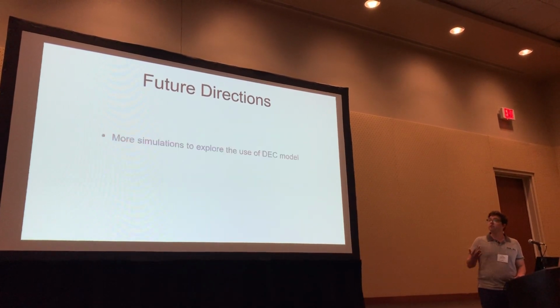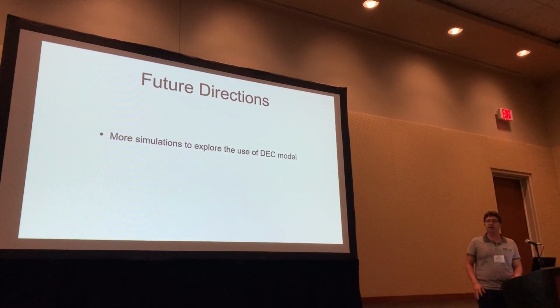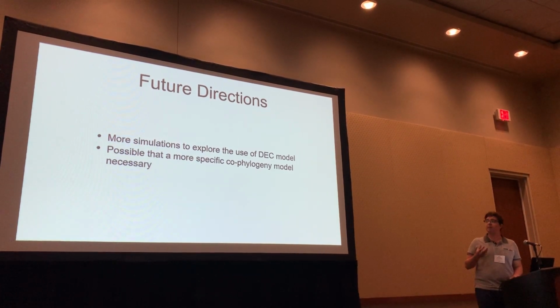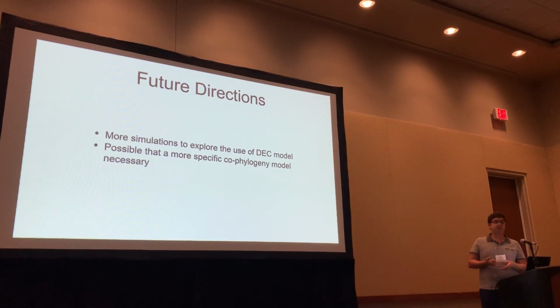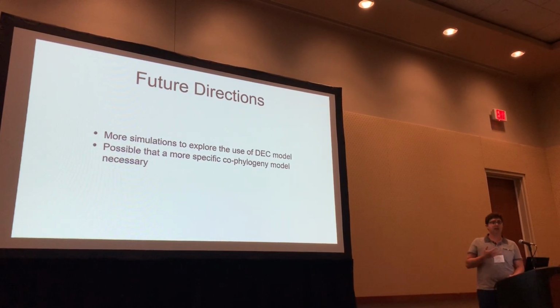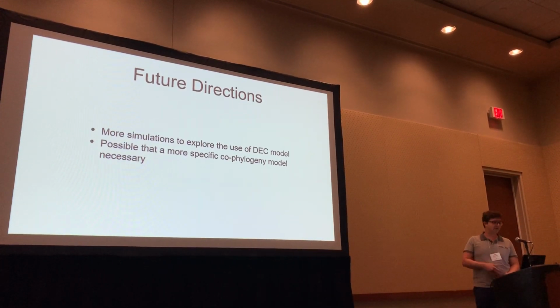And so in the future, I want to keep doing some simulations to really further explore this, given that I did so few. And there's also the possibility that we just need a better model that better describes what's going on in these scenarios. Something maybe like Mariana Brega and Michael Landis's paper that came out on bioRxiv a couple of days ago.